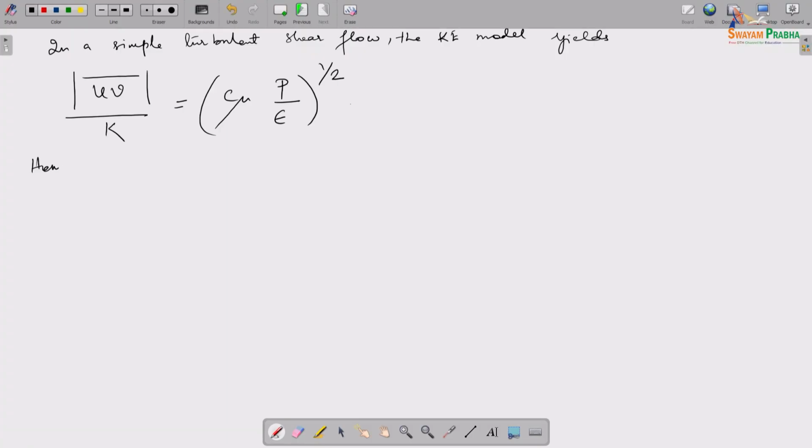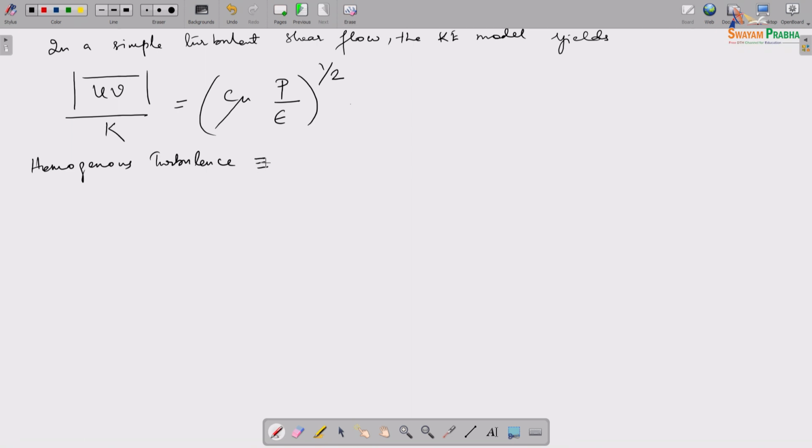Okay. Now, one more case is that if I have homogeneous turbulence, right, if I have, right. What does this mean?